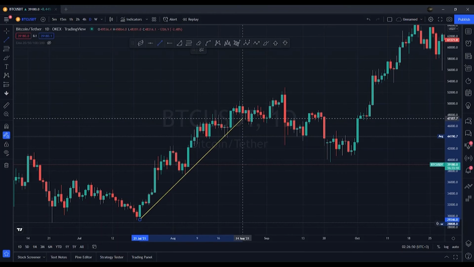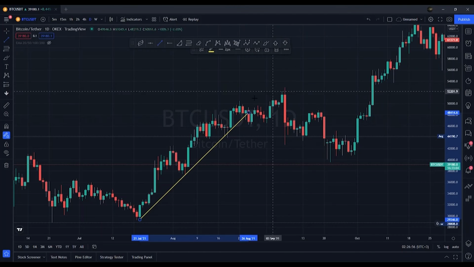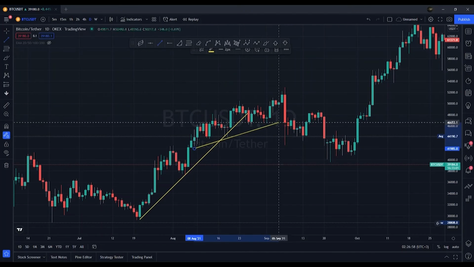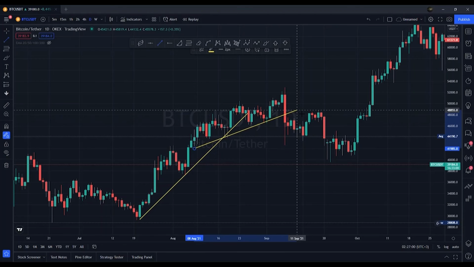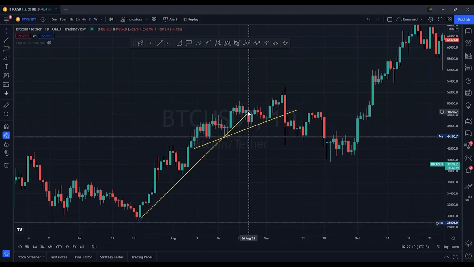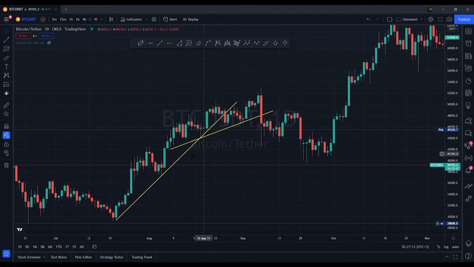But first we were talking about this trend line, and you are asking why this price is higher. Because it was formed from another trend line like this one. This higher high is for this upper trend, not this one.